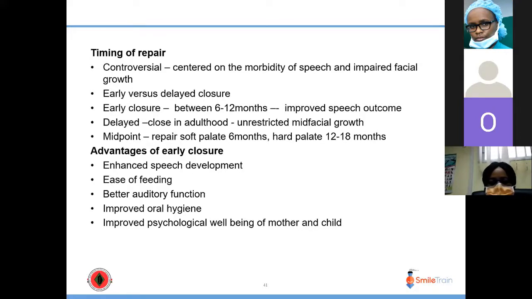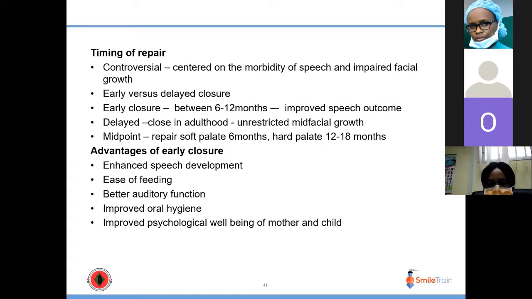Some people believe that we can repair the soft palate earlier, at about 6 months. When you repair it earlier at 6 months, then you can take care of the speech of the individual. And then we can repair the hard palate at a later date so that the restriction of the mid-face will not be there.